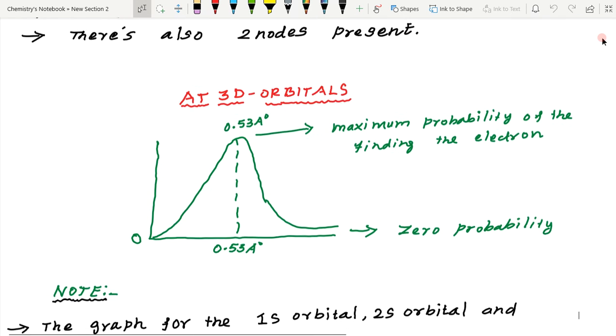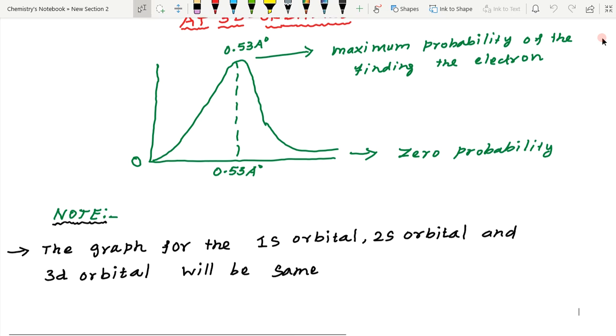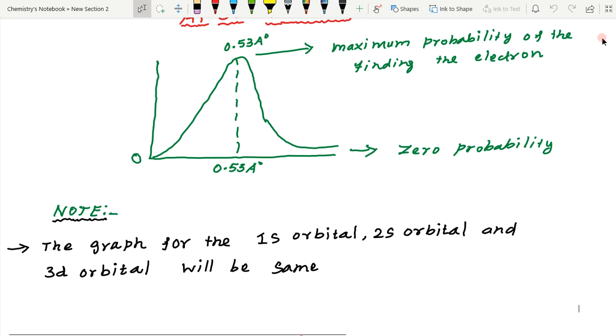At 3d orbitals, see the first: the 1s orbital, 2s orbital and 3d orbital will be the same. See the diagram carefully. Take a plot against 4 pi r square capital R square nl.